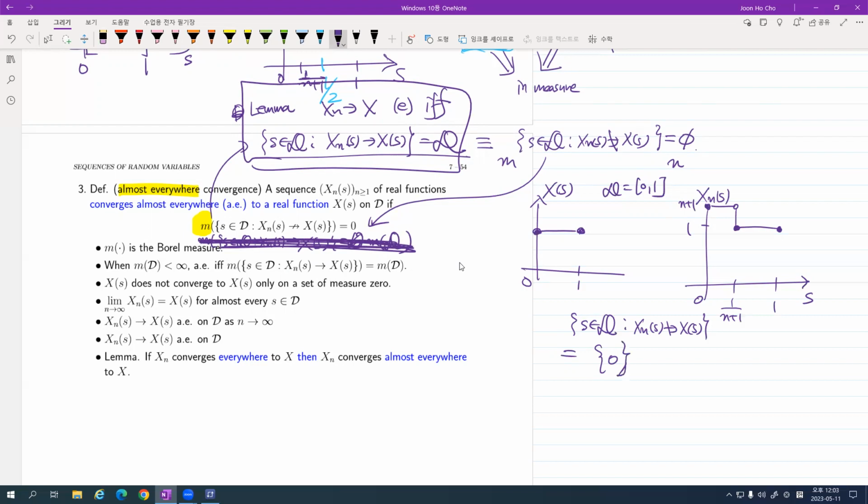So the subset of D on which the sequence of real numbers does not converge to the limit is a singleton set that has a single element. And what is the length of that set? 0.